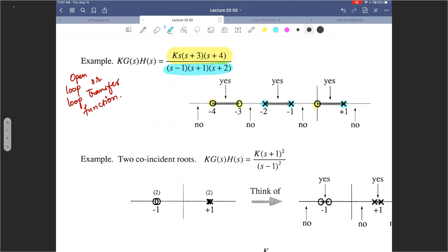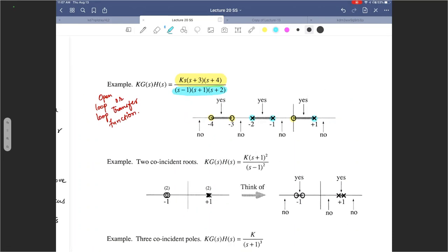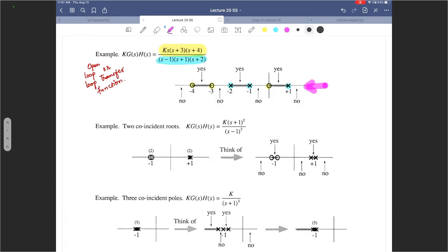So as you start moving on the real axis, this is only on the real axis in the S plane, as you start at plus infinity and move left, you alternate. Yes, no, yes, no, yes, no, yes. No here, yes here, no here, yes here, no here, yes here, no here.